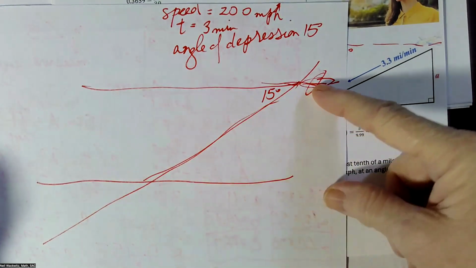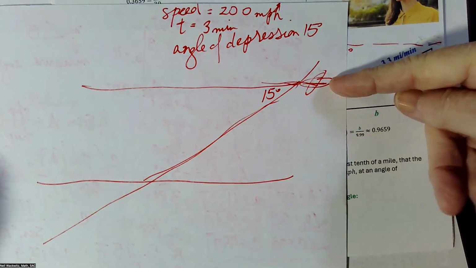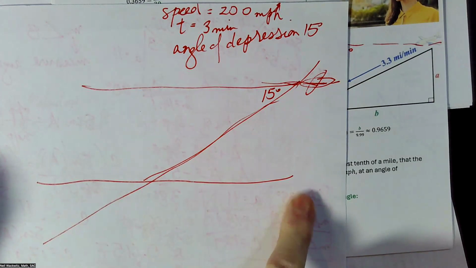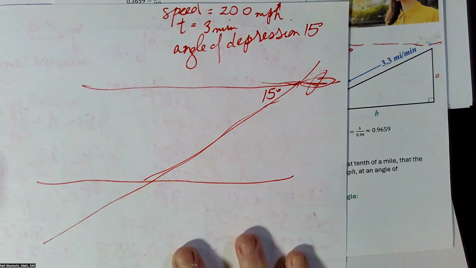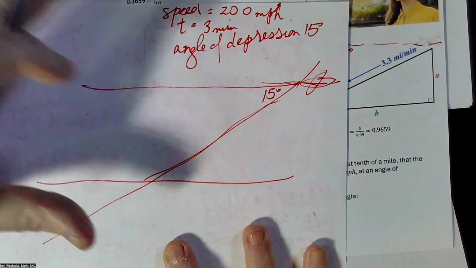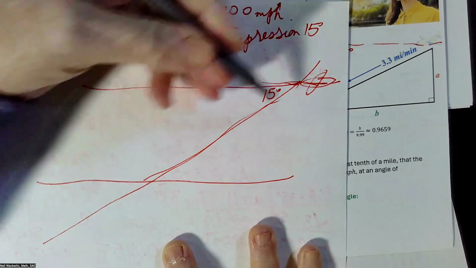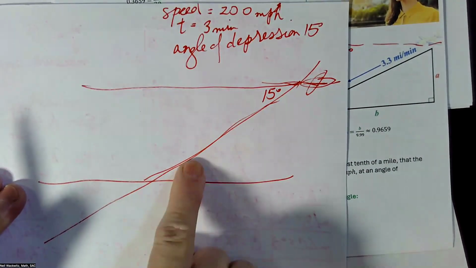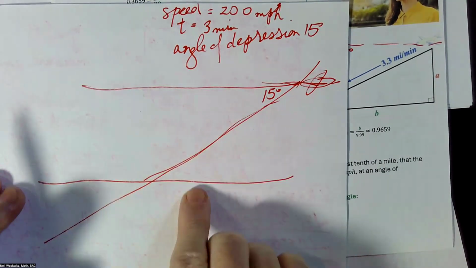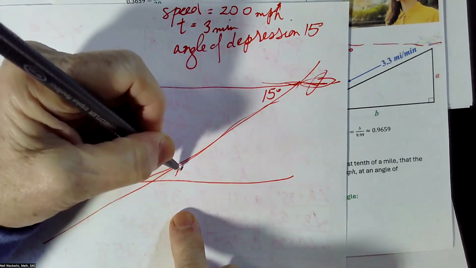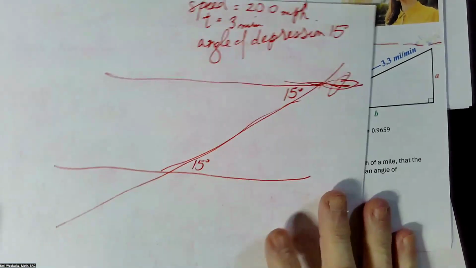One of them is the level of the plane, the other is the level of the ground. And we know from early geometry that if you cut two lines by a transversal, the lower angle and the upper angle will be the same. So this has to be 15 degrees.